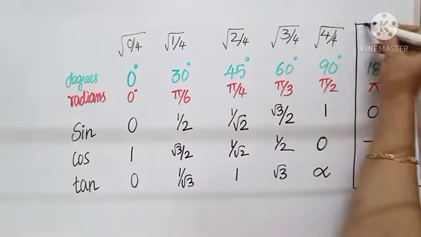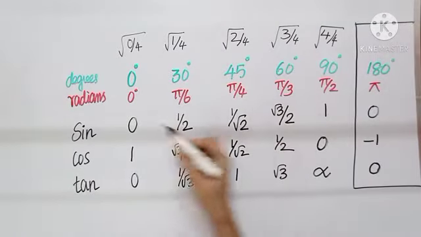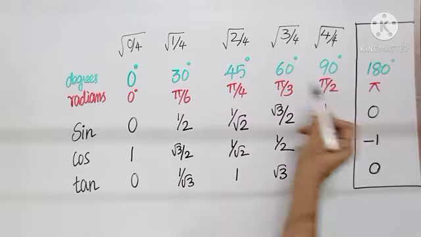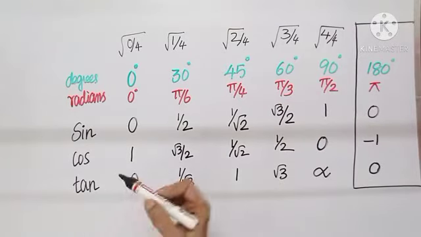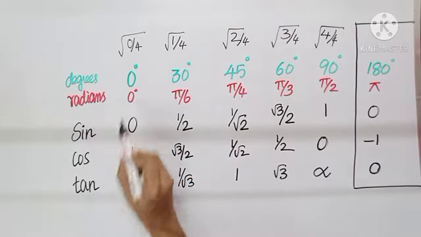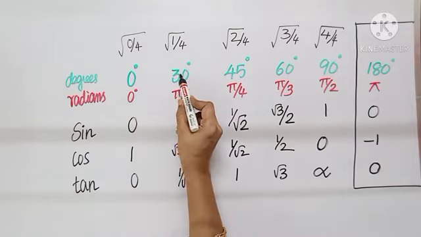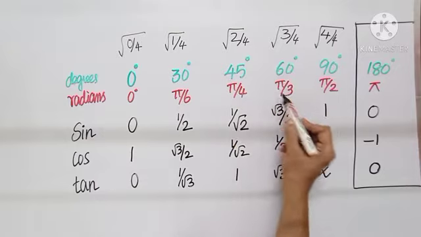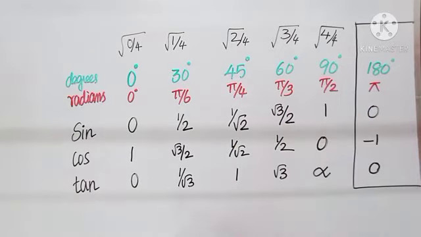We mainly have the clues to remember 0, 30, 45, 60, 90 in degrees. But this year we have learnt it in radians. 0, 30 is written as pi by 6, 45 pi by 4, 60 pi by 3, 90 pi by 2.